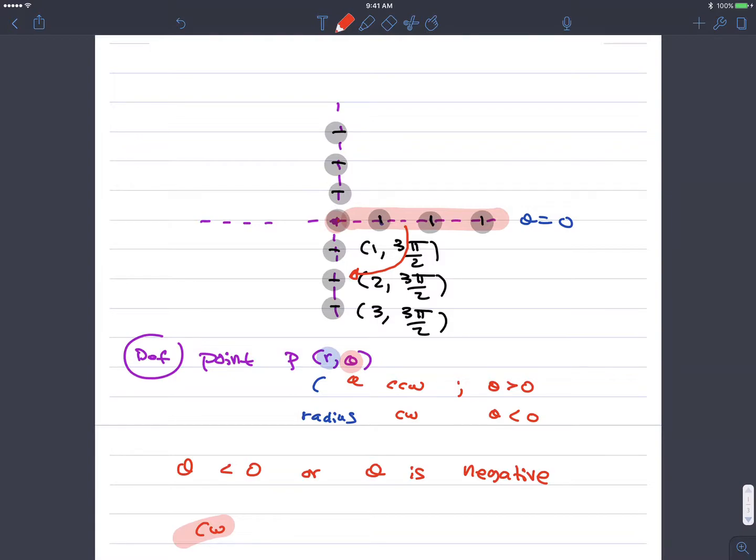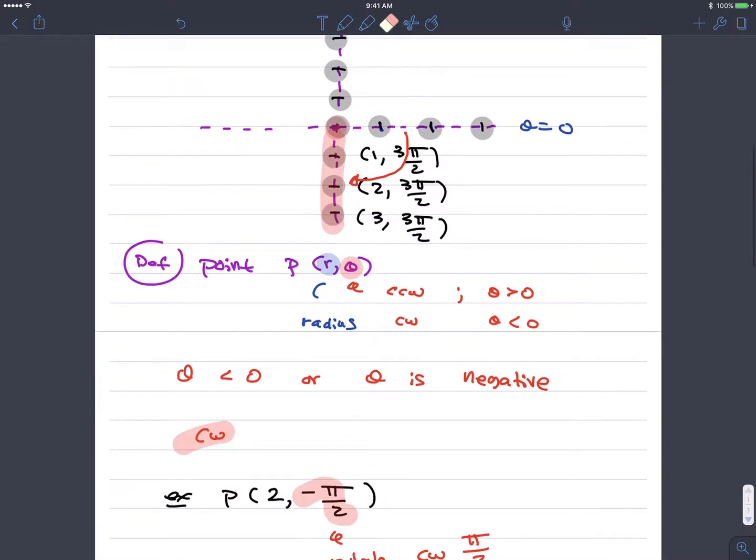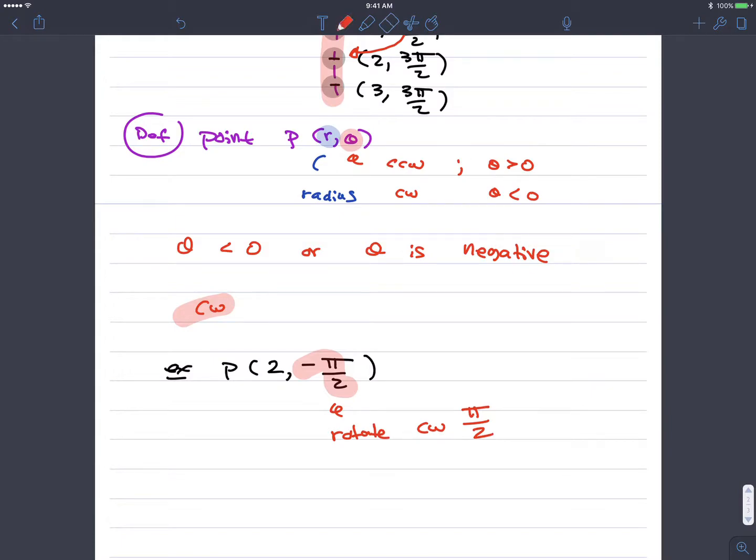So if I take this pole and I'll erase it and I'll put it back. If I took the pole and I rotated the pole, how? Negative pi over 2. Doesn't it now belong over here? Say yes. Okay, get rid of that. Now, what do you guys notice here about my radius value?